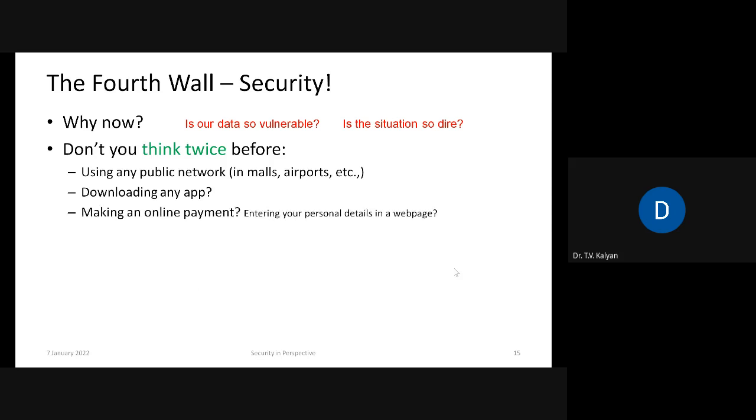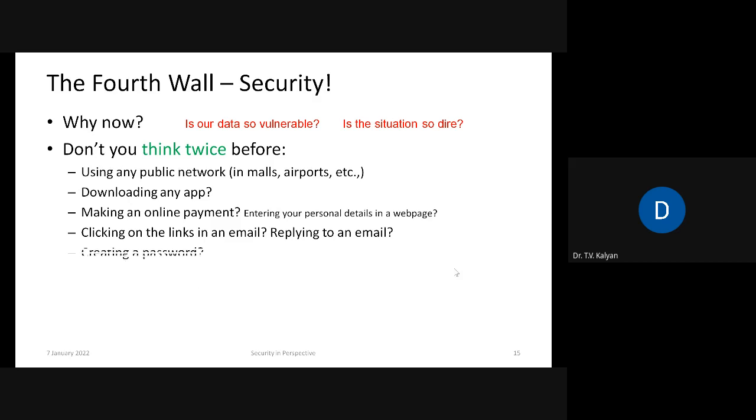And before we make any online payment, we check the HTTP link once or twice. Even when reading emails, if there is an image embedded in the email, we think twice before loading it. Or when replying to somebody whose email ID we are not able to recognize, we check.